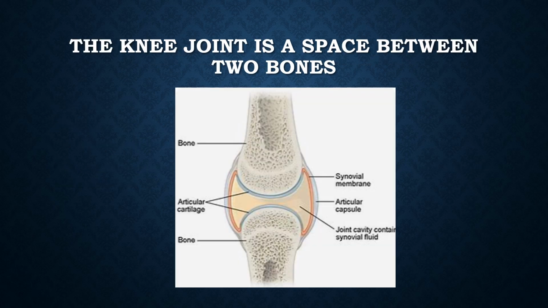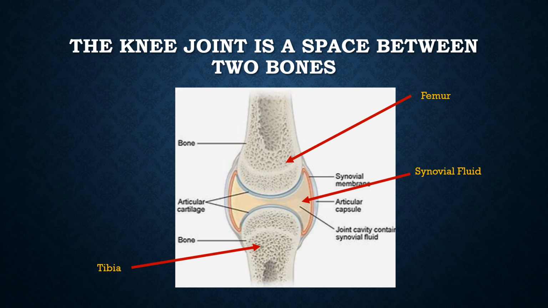The knee joint is a space between two bones. The top bone of the joint is known as the femur. This is the long bone in your thigh. The bottom bone of the joint is the tibia. Now, this joint depicted here is not exactly the knee joint, but it gives you an idea of how it is structured.